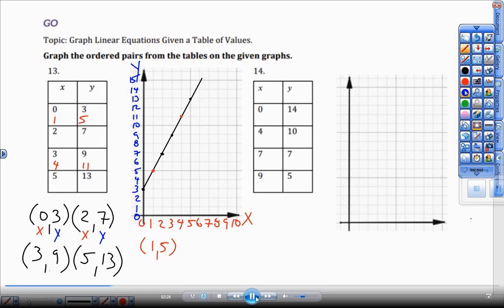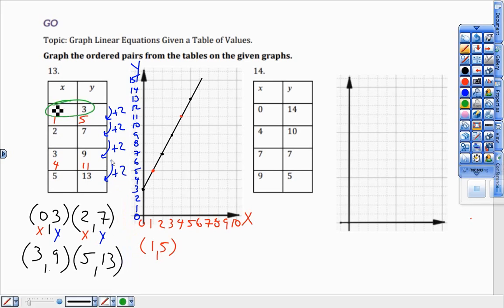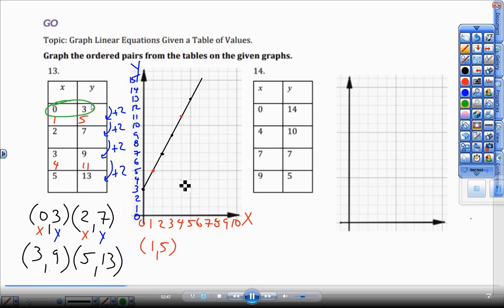And then once you get all those x numbers going up by ones, then you're golden, because then you could look at the rate of change for your y numbers if your x numbers are only going up by ones. If these are going up by 2, that is your rate of change. That is your slope. Your 0, 3, that is your y-intercept. Look how they match.